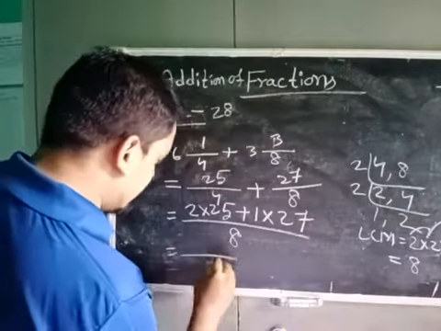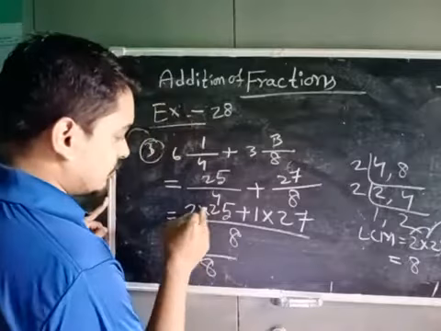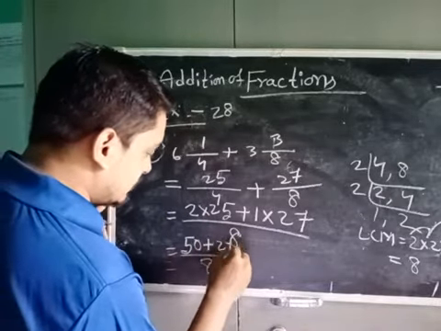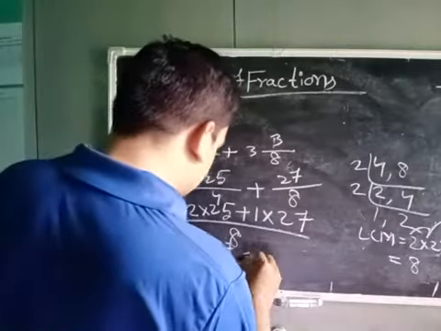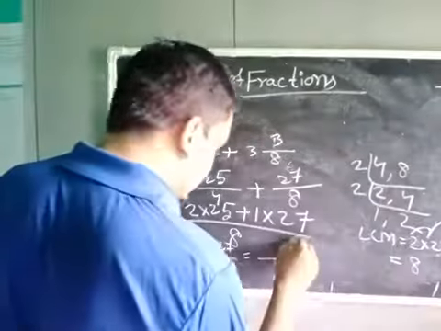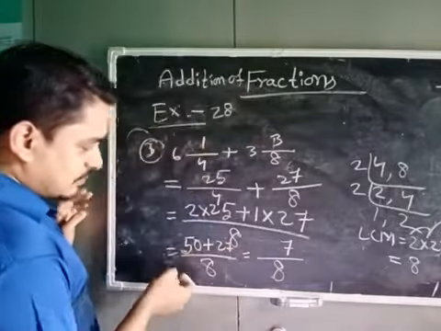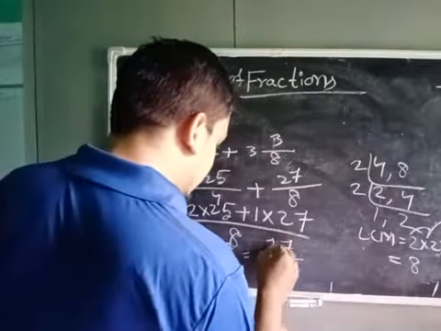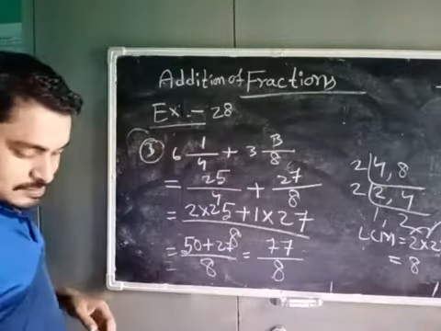So here you see 8 we have in the downside, and 25 2s are 50 plus 27 1 is 27. If we add 50 and 27 together, we will get 77. So it is your answer.